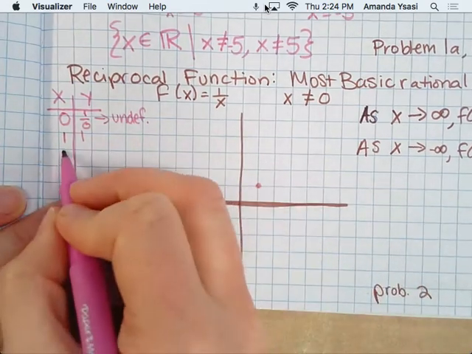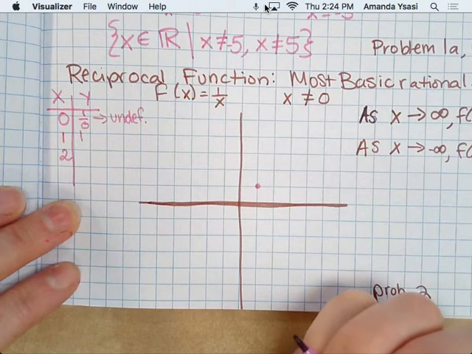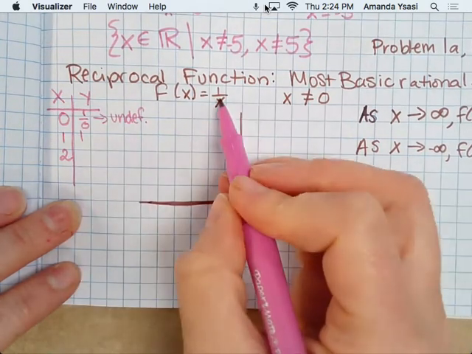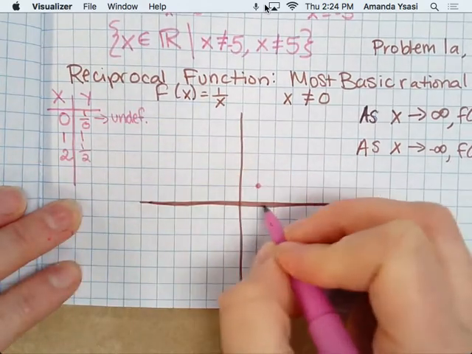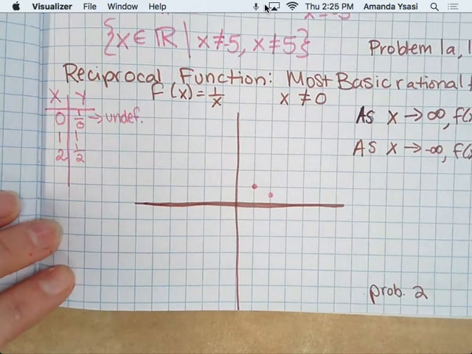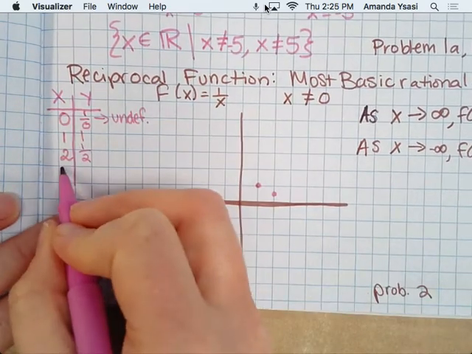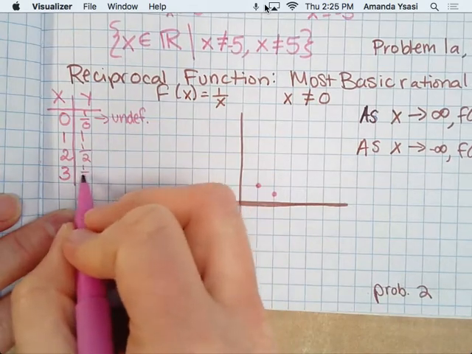Okay, let's do 2. If I plug in 2 here, I'd have 1 over 2. So it'd be half. So 2, half. And then 3, 1 over 3.